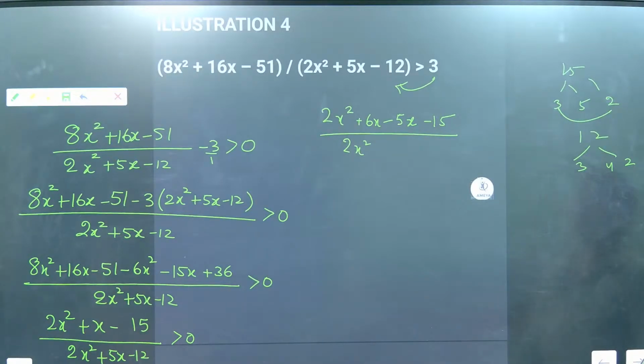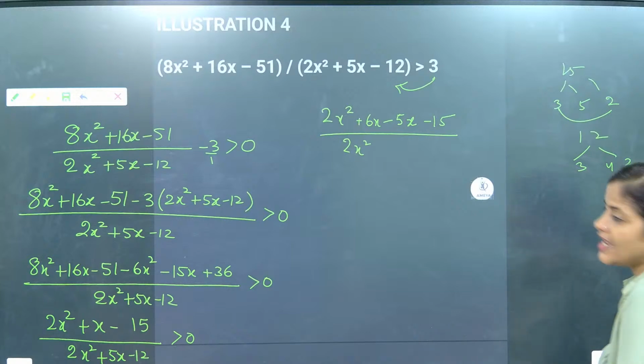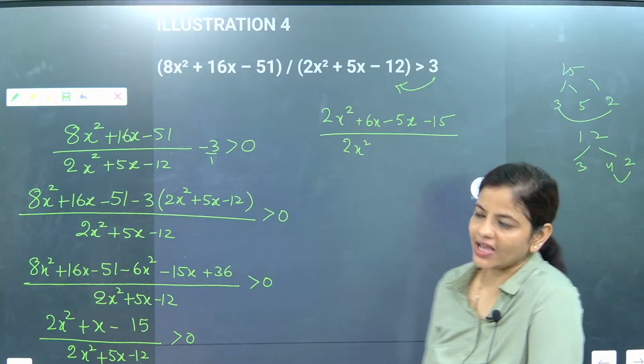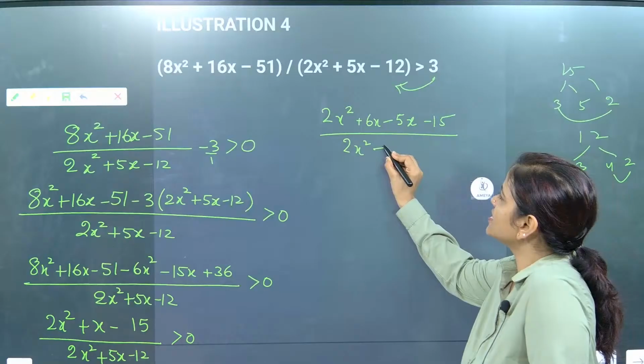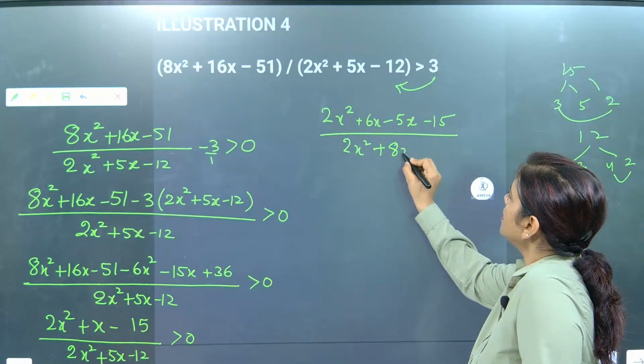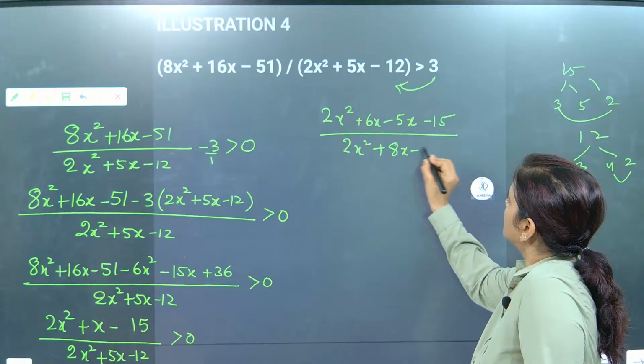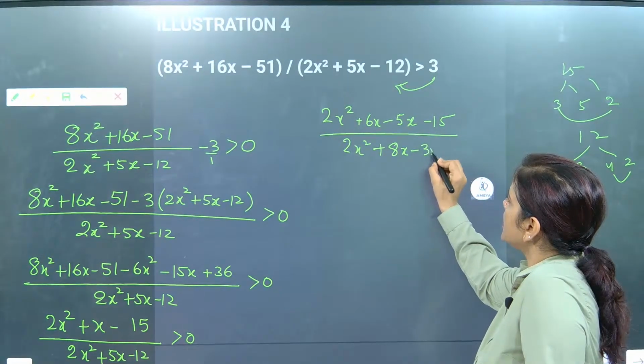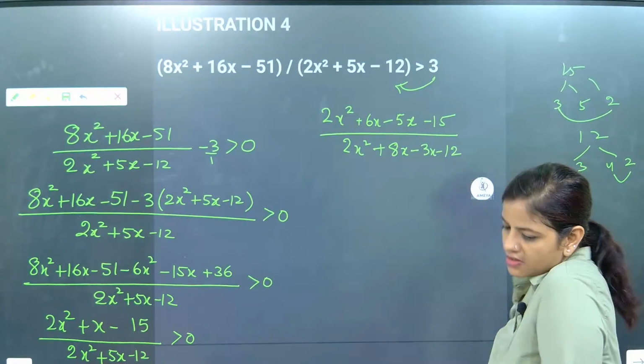We need to bring 5. How to bring 5? 8 minus 3 will come as 5. So we write 2x square plus 8x minus 3x minus 12. Done?